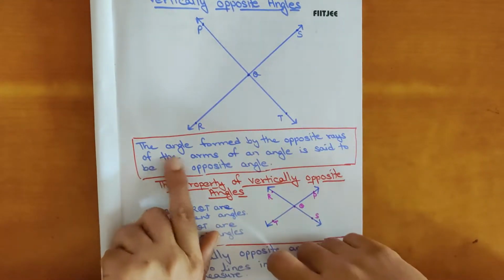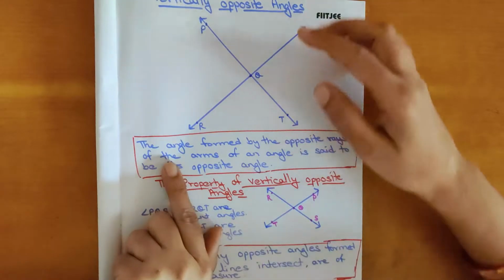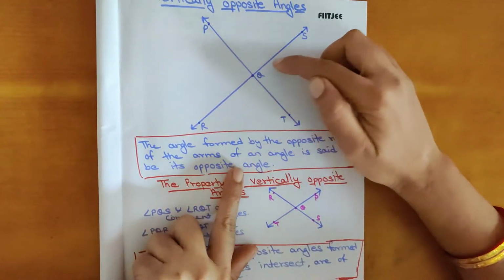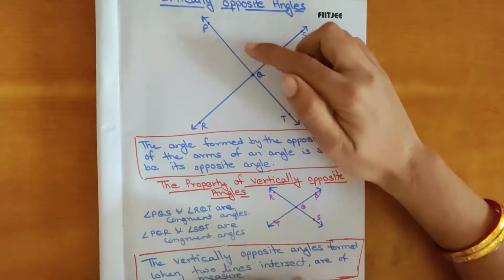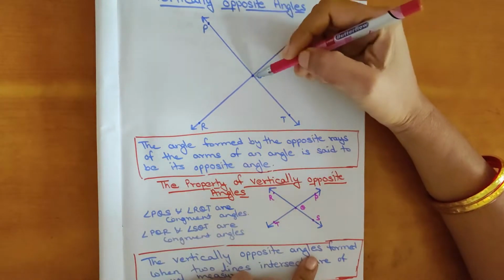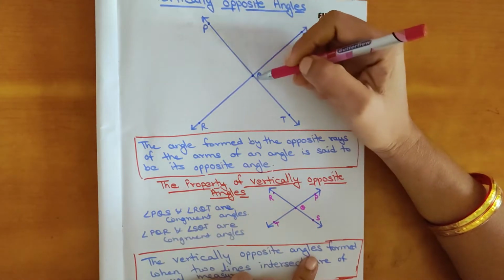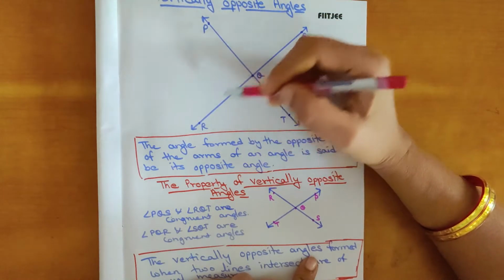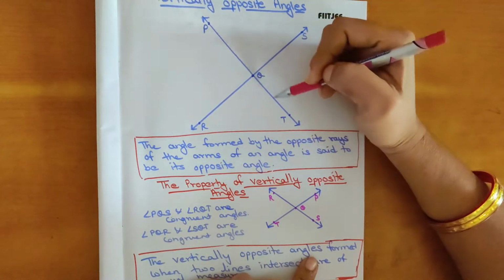If you see the definition, the angle formed by the opposite rays of the arms of an angle is said to be its opposite angle. Okay, if you see this, the opposite of angle PQS is angle RQT.